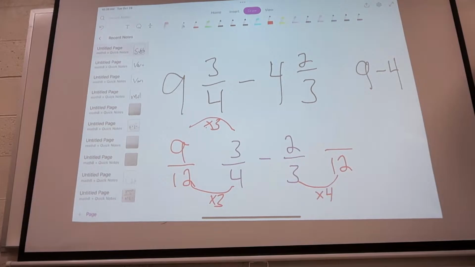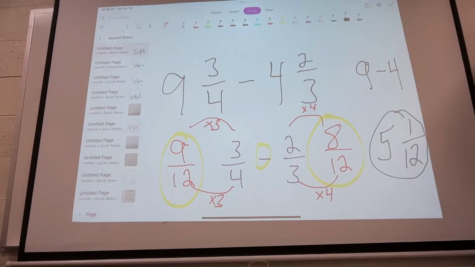Times 4. 2 times 4 is 8. 9, 12, take away 8, 12 is 4, and 9 take away 4 is 5, and 1/12. You got it? Nice. Keep rolling.